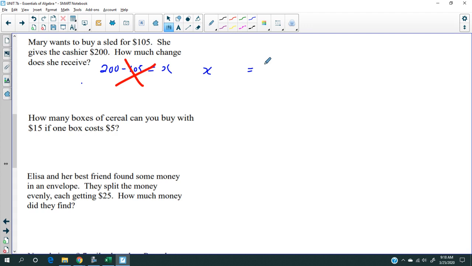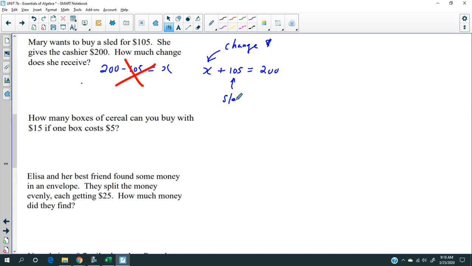So she gave the cashier a total of $200, right? So the question is something like this. The sled plus the change, right? So this is the change. And when I say change, I mean money. So the change plus the sled.